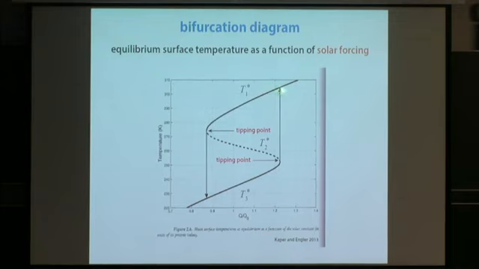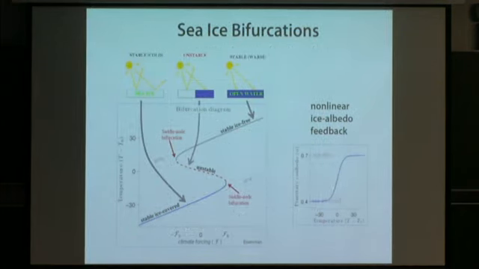No, it's a hysteretic process, and that's one of the key features of these tipping points and these bifurcations: to get down to that branch from up here, you got to go all the way down, and then you can drop down. So this is one of the fundamental features. And there's a beautiful, so then putting that in the context of sea ice, this would be unstable, stable ice covered, stable ice free.